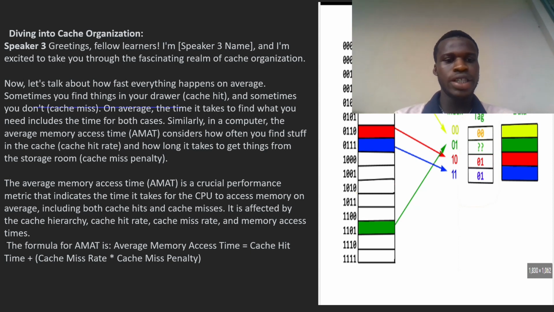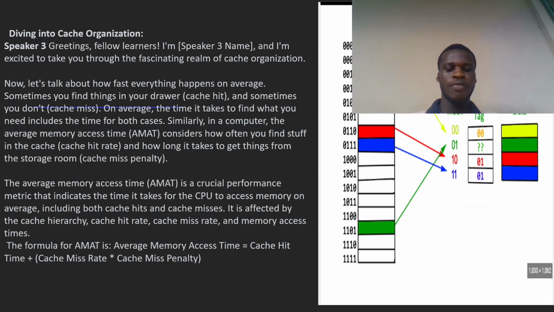The average memory access time is a crucial performance metric that indicates the time it takes for the CPU to access memory on average, including both cache hits and cache misses. It is affected by the cache hierarchy, cache hit rate, cache miss rate, and memory access time.